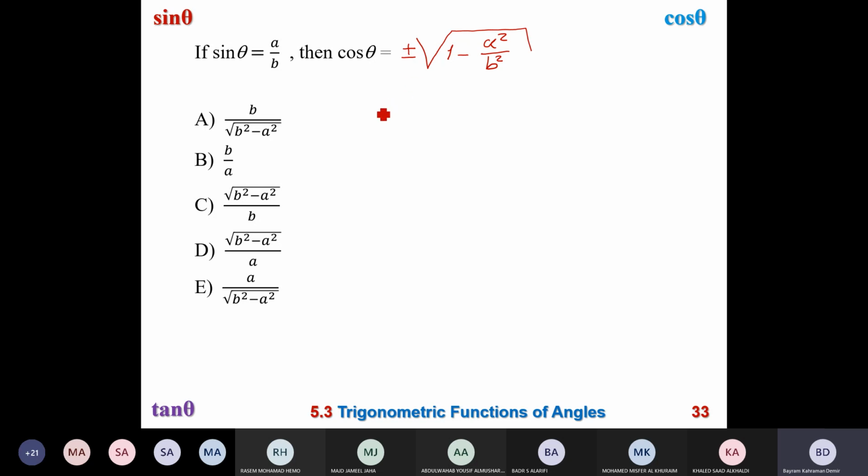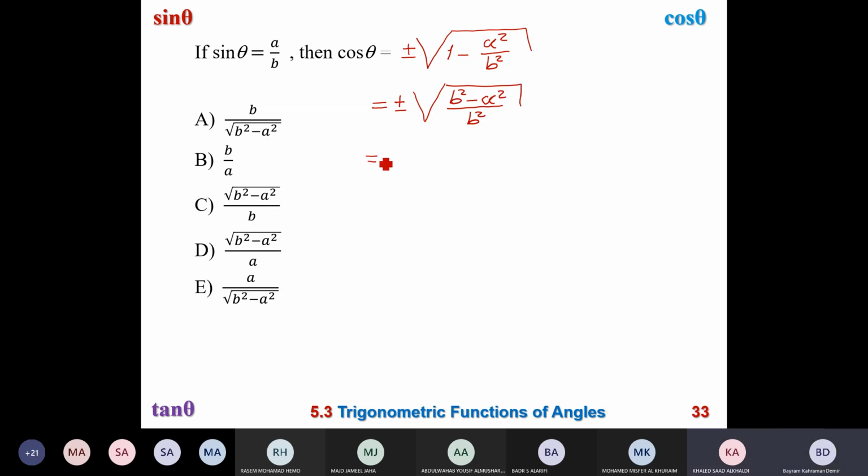Okay, so it is equal to positive or negative root of b squared minus a squared over b squared. Yes, perfect.